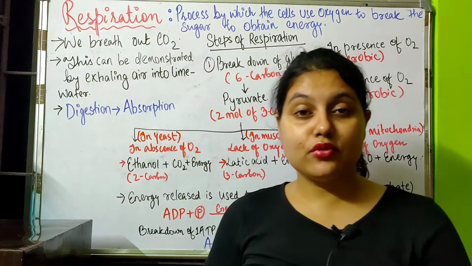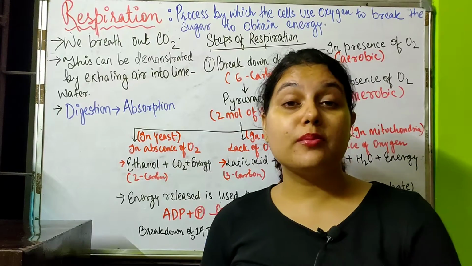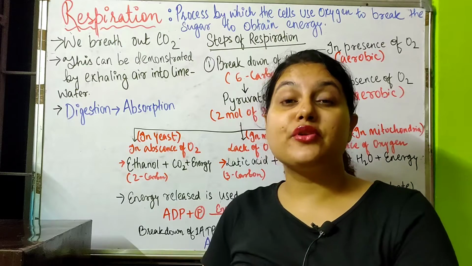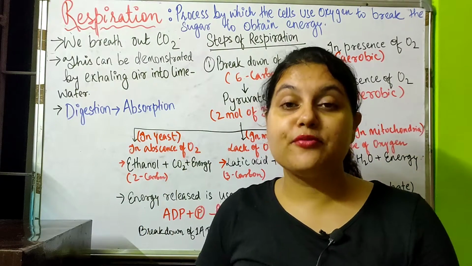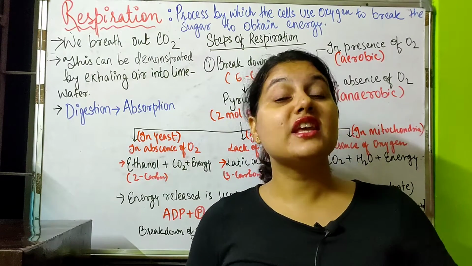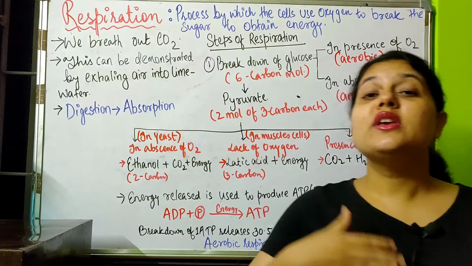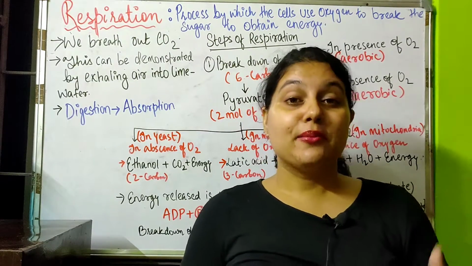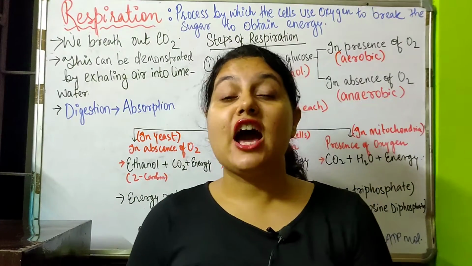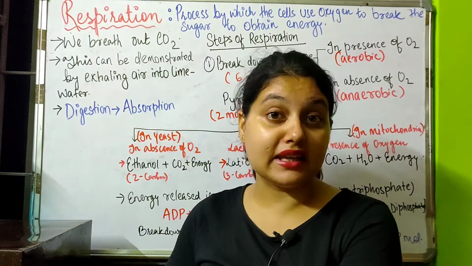In your NCERT book, as we come to the part on respiration, there is a diagram in which one man is blowing air towards a test tube, and another diagram in which the air is blown with the help of a pichkari, isn't it? What is the aim of that experiment? That experiment wants to show you that we exhale carbon dioxide, because in the first and second chapters of chemistry we studied that carbon dioxide reacts with lime water and the lime water turns milky, isn't it?